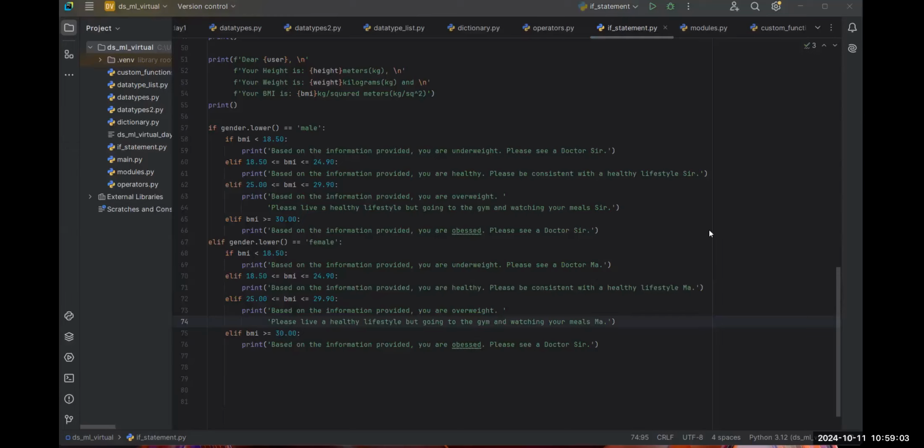Now, we still said for those whose BMI is either equal to 30 or greater than 30, based on the information provided, they are obese and they should see the doctor. Please see a doctor, ma.